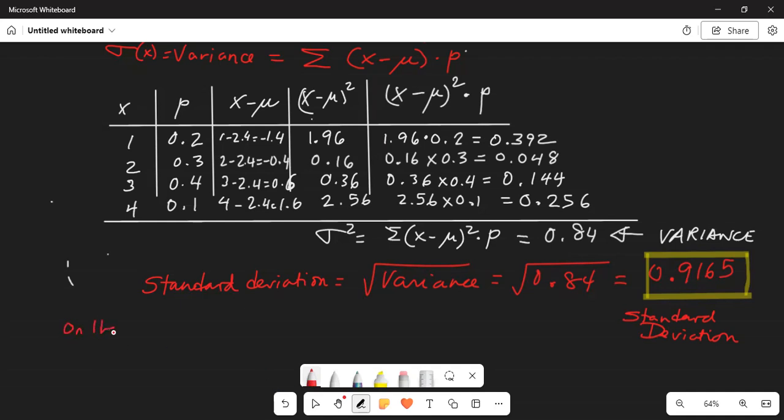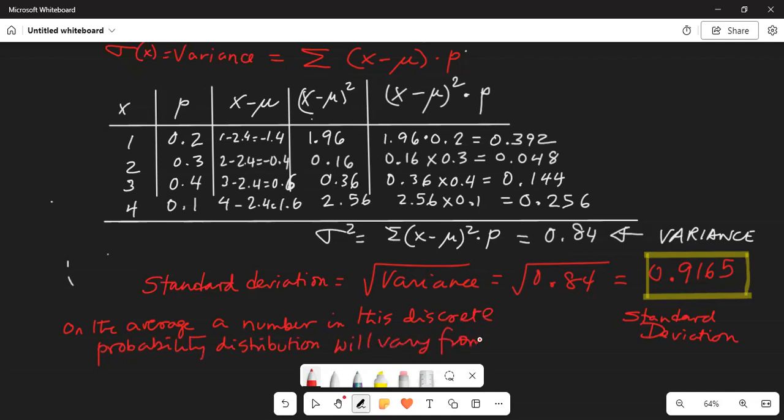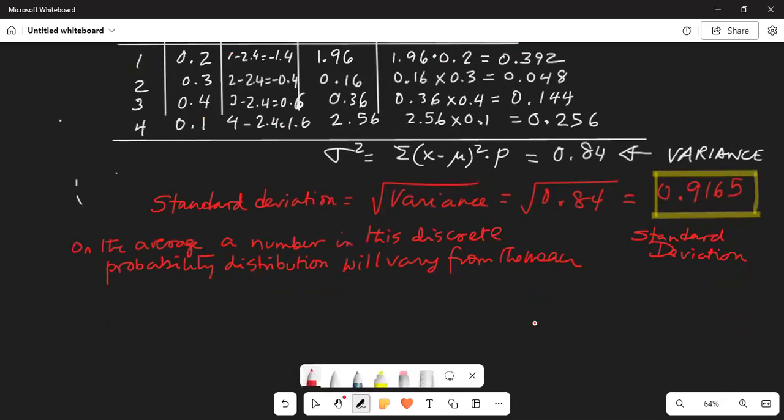On the average, a number in this discrete probability distribution will vary from the mean by 0.9165.